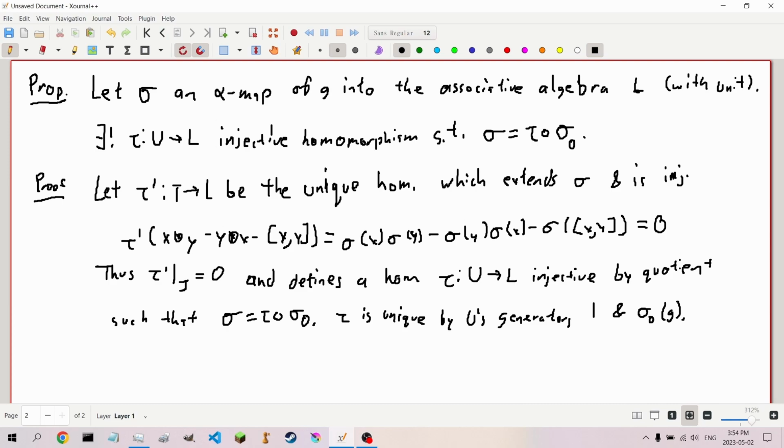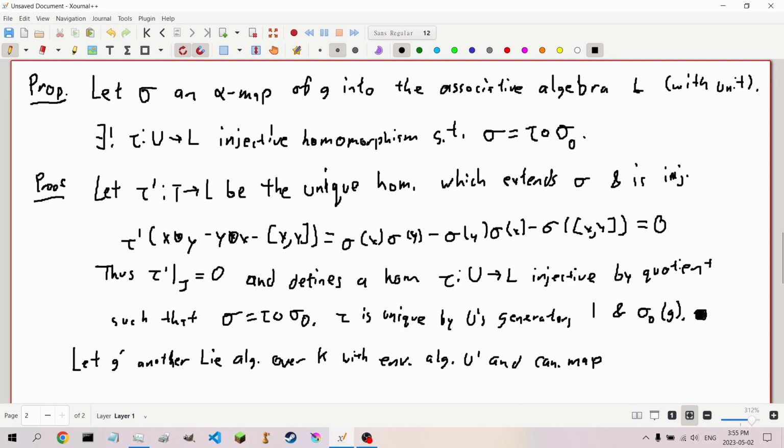Alright, so with this in mind, we're going to let G prime be a second Lie algebra over K with an enveloping algebra U prime and canonical map sigma 0 prime from G prime into U prime.